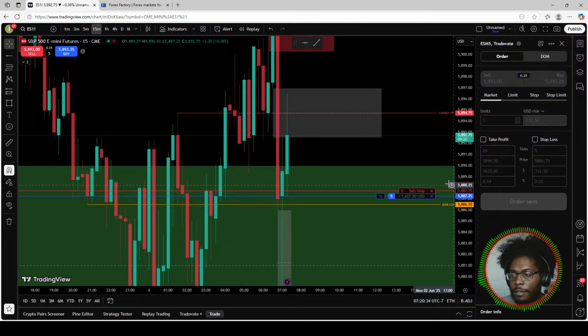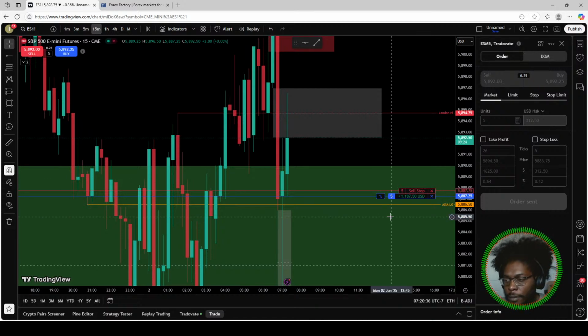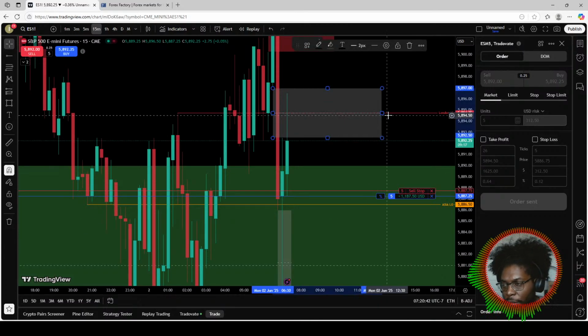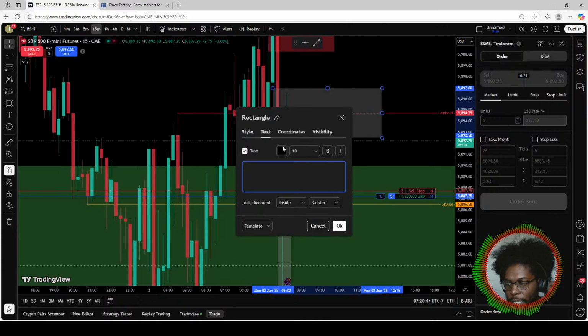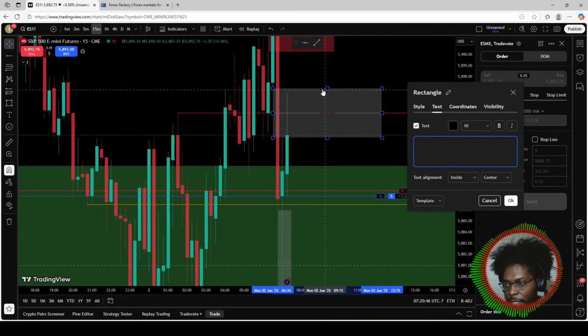It caught itself. Now let's see. But yeah, if we want to stay in our trade and be long, we need to see this gap get filled.